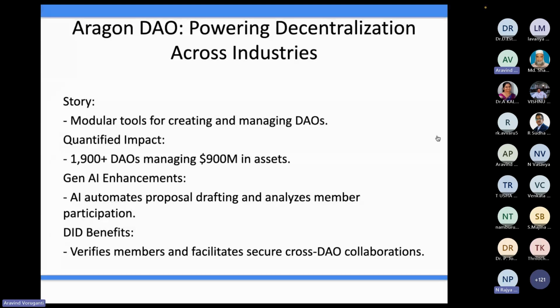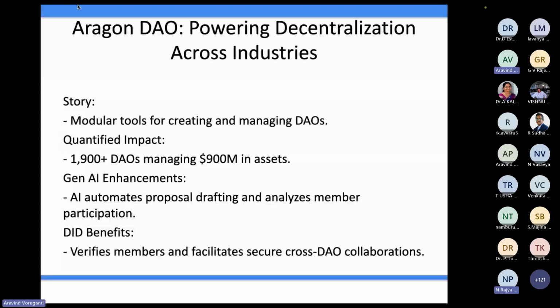And another interesting one, which I came across as part of all these 1900 DAOs, is called the Climate Collective DAO.